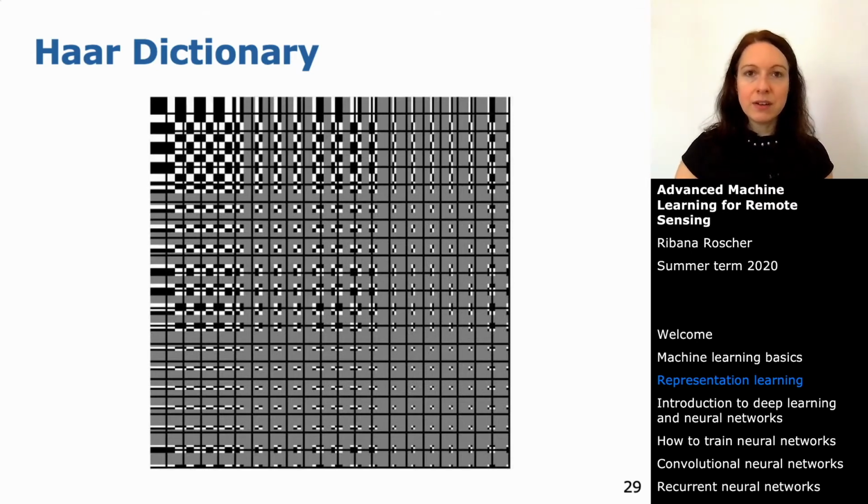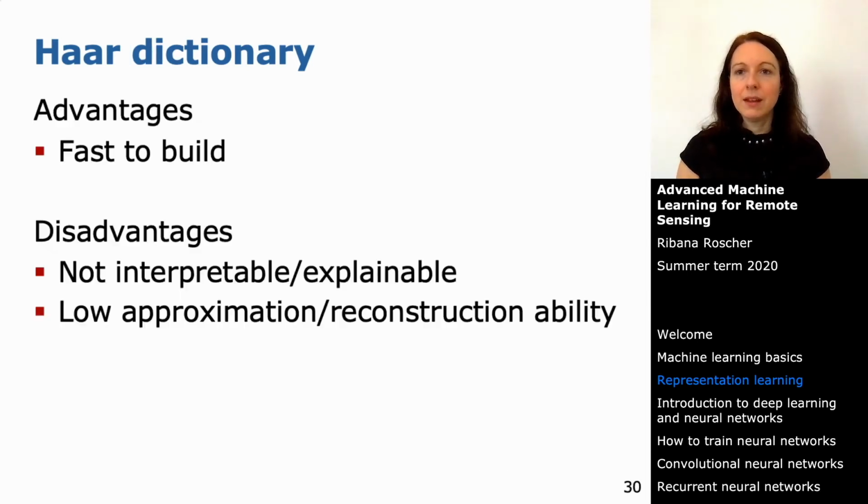This dictionary is called after Alfred Haar. That's why it's called Haar dictionary. It is of course fast to build because you have a simple function and you just apply it, and you have as many elements as you want to have in your dictionary.